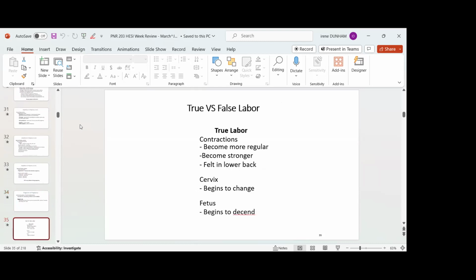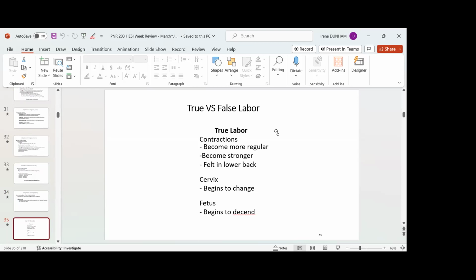All right, let's talk about true labor and false labor. In true labor, you do have contractions. And remember, frequency is how often they're coming. You start from the beginning of one contraction and count to the beginning of the next contraction, correct? That's frequency.